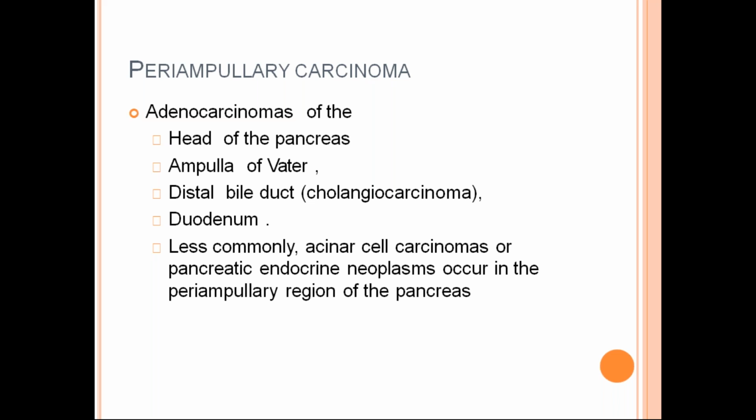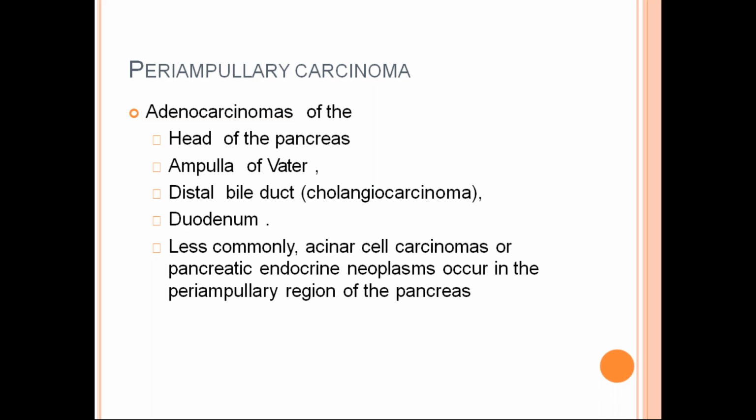So periampullary carcinoma. What are the carcinomas which come under periampullary carcinoma? If you can remember the picture which I showed you in the first slide: the adenocarcinomas of the head of the pancreas, ampulla of Vater, distal bile duct, and duodenum.